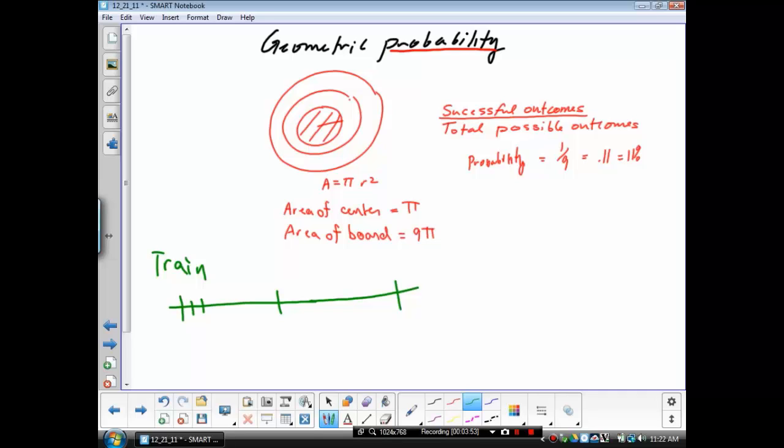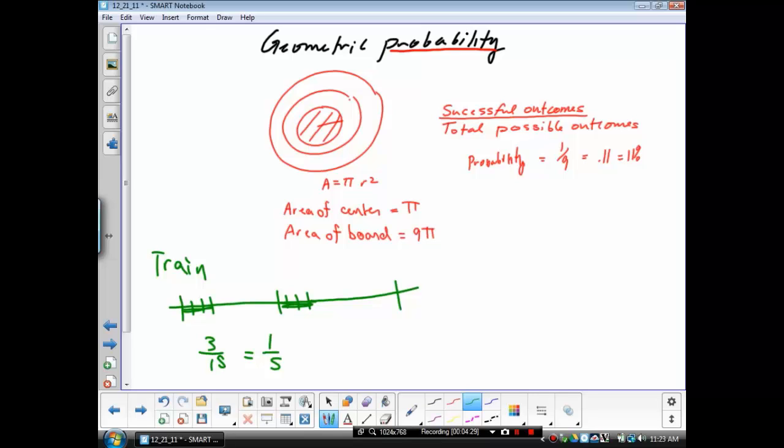So 1, 2, 3 of the minutes is the train is there. Okay, so on. What's the probability that I arrive at a random time and the train is there? It is going to be 3 out of 15, which is 1 to 5. That's correct. So I have about 20% chance of arriving and the train being there, because 1 out of 5 is 0.2 or 20%. Okay?